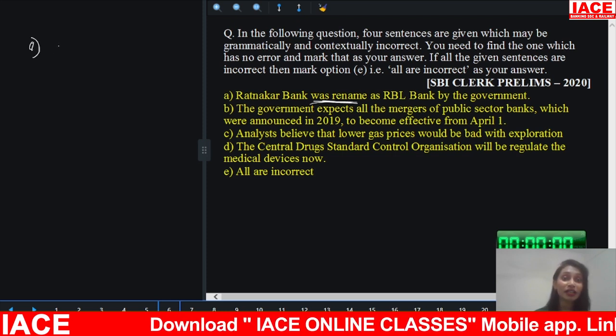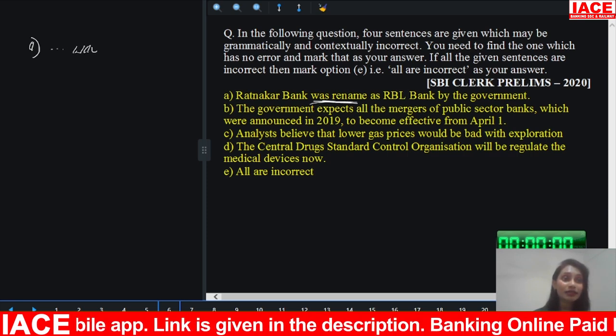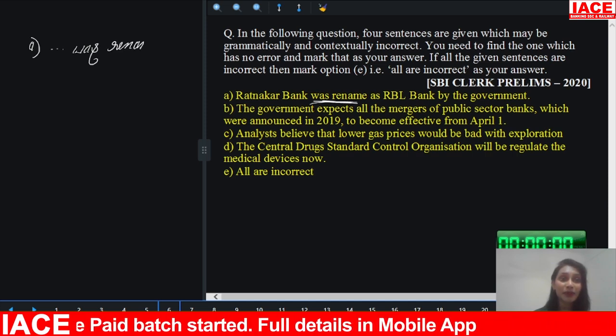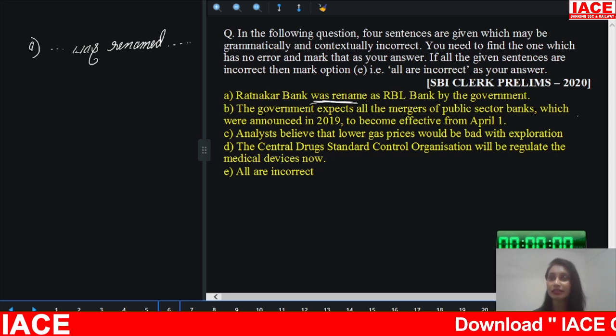So what should it be? Ratnakar Bank was renamed. In passive, the main verb should always be in V3, renamed as RBL Bank by the government. So first sentence, that is sentence A, is incorrect.